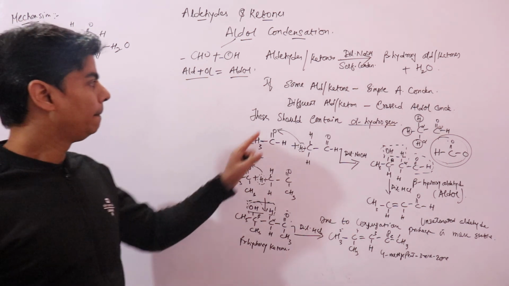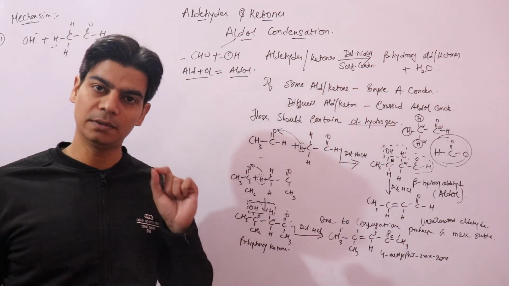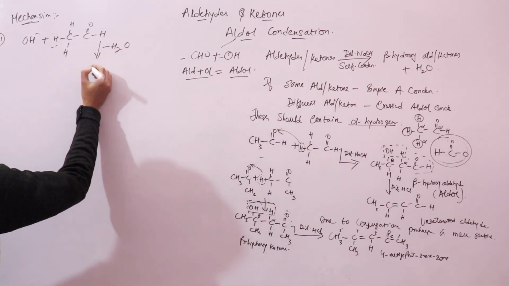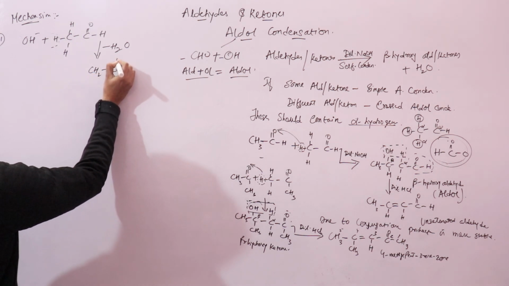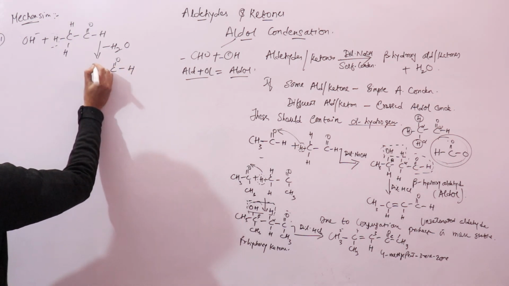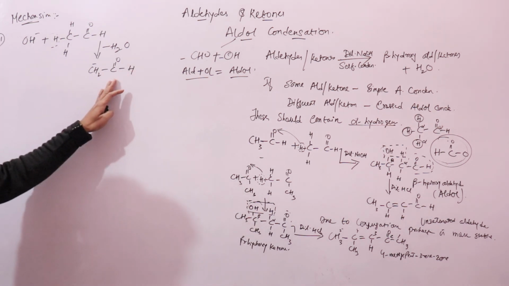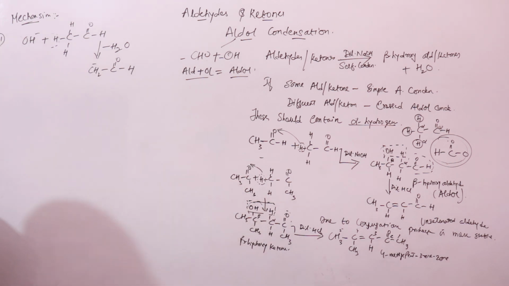So basically the OH group from the alkali will remove one alpha hydrogen to form this enolate ion, which is stable due to resonance.